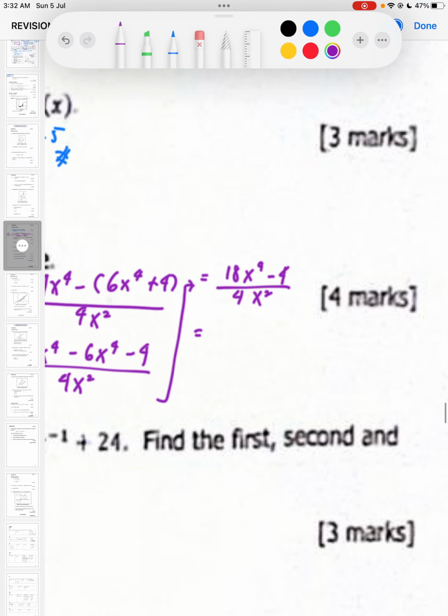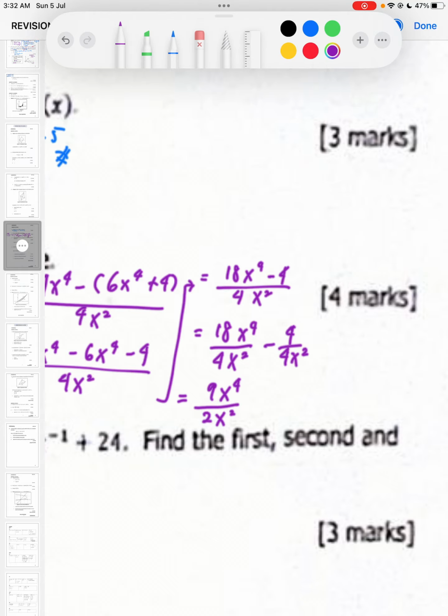I'll break it first to make it easier to look at. Minus 4 over 4x squared. Okay, so let's divide it by 2. 9x to the power of 4, and then 2x to the power of 2.